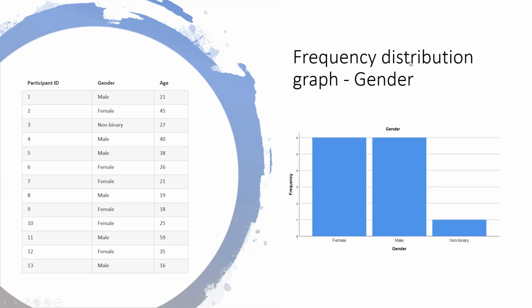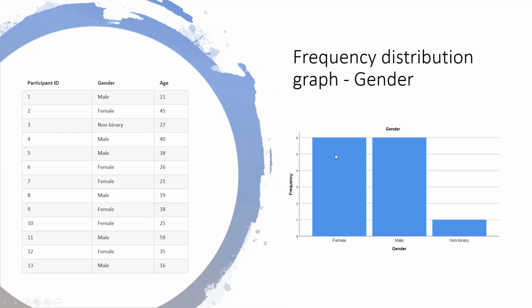Okay. When we look at a frequency distribution for gender, we need to do something slightly different, and that is, we need to create a bar chart. That's where we have the categories along the x-axis of the graph, the horizontal line, and the frequency that those categories are observed in our data across the y-axis, which is the vertical line here.